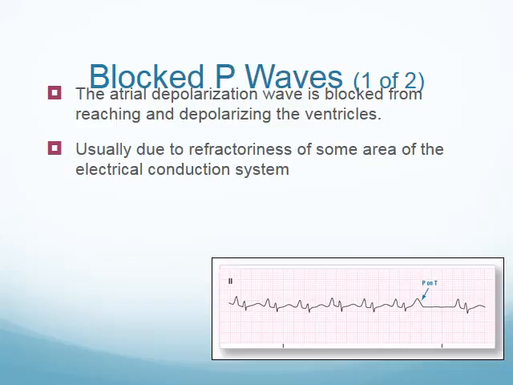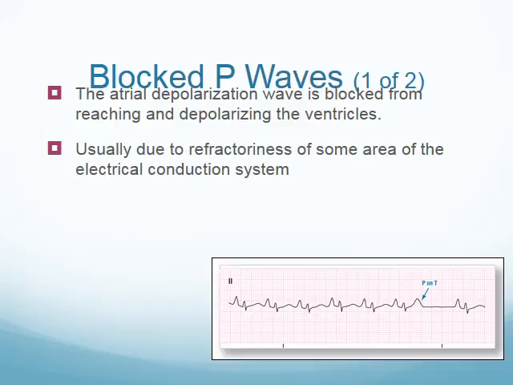All right, we're going to talk about blocked P waves here. Basically, you have atrial depolarization, but the stimulus is blocked from reaching the ventricles because, if you remember, we talked about the refractory period of the ventricles.